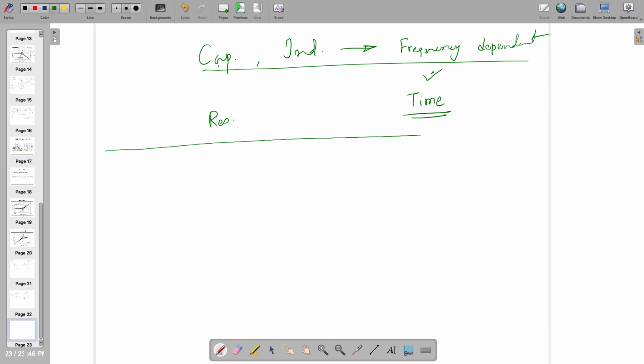Let's polish this question and look at this circuit. How many frequency dependent elements are there in this circuit? One. You have seen this circuit, so I am just changing it. How many frequency dependent elements are there now? Two.